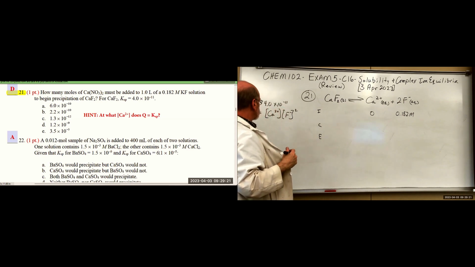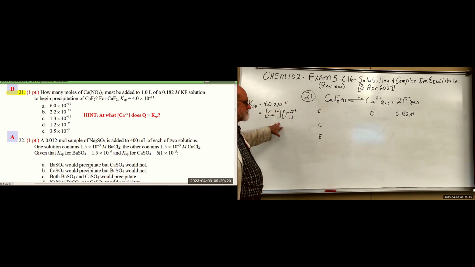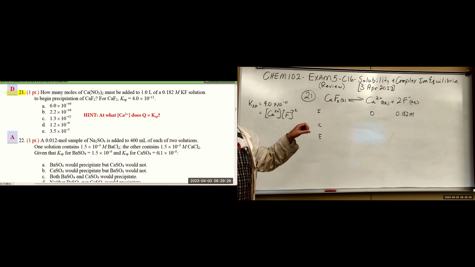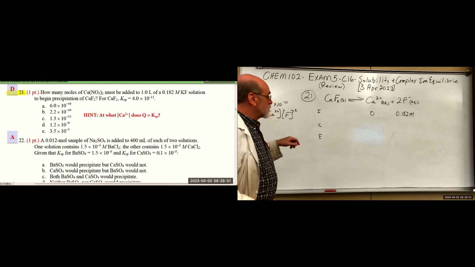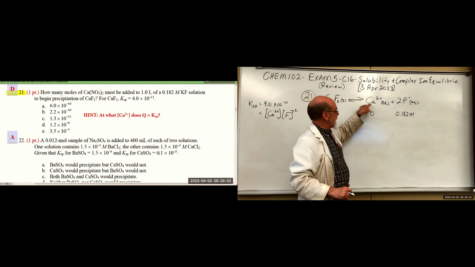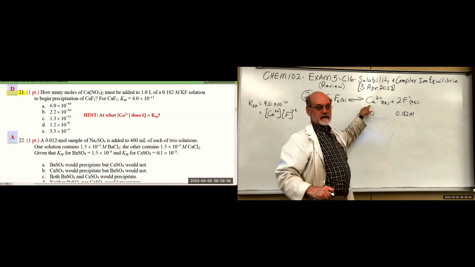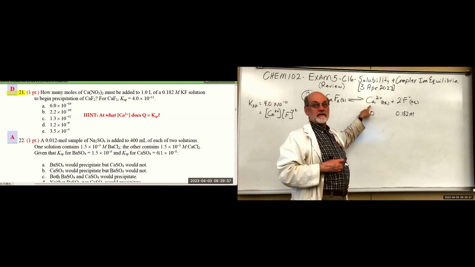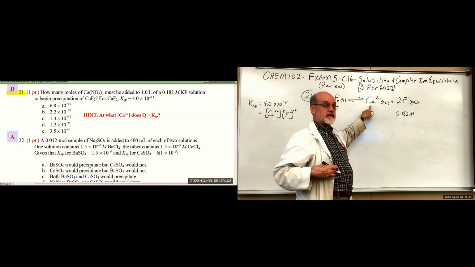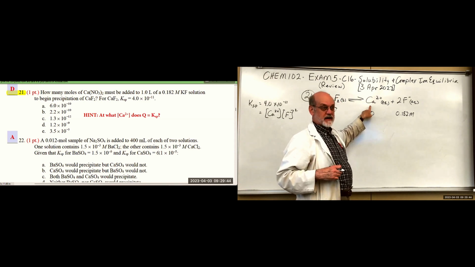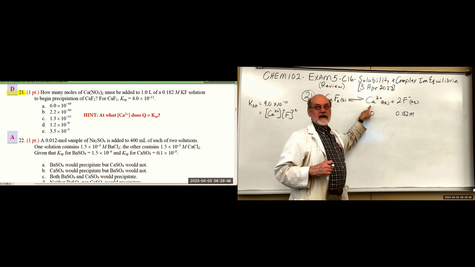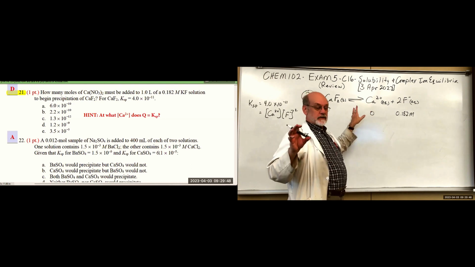So if we calculate, the question is how many moles of calcium nitrate must be added? Well, what we're dealing with is how many moles of calcium do we need? And there again, we have calcium nitrate. For every mole of calcium nitrate, you get a mole of calcium ions. And everything is in 1 liter.